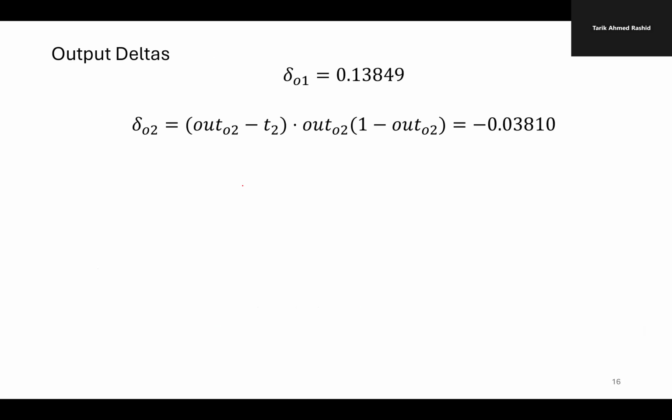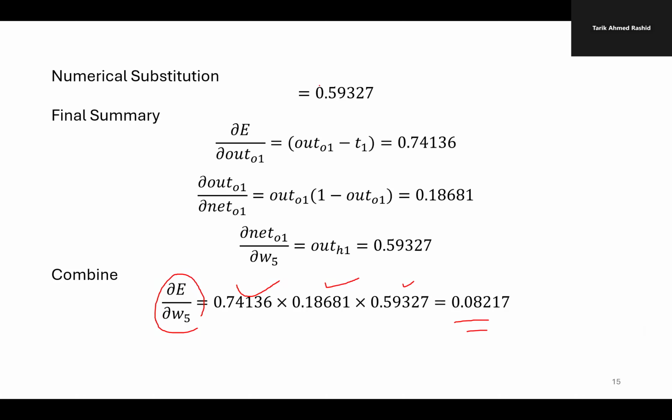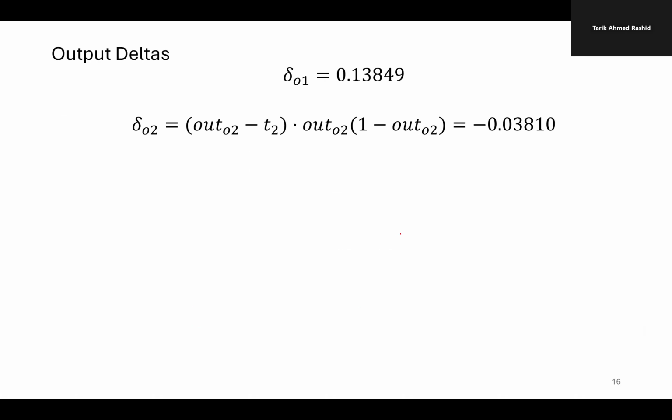We can do the same thing for out 2, and for out 2 we found this much. We consider this one is delta out 1, and that's delta out 2. Similarly, we go for the second one.